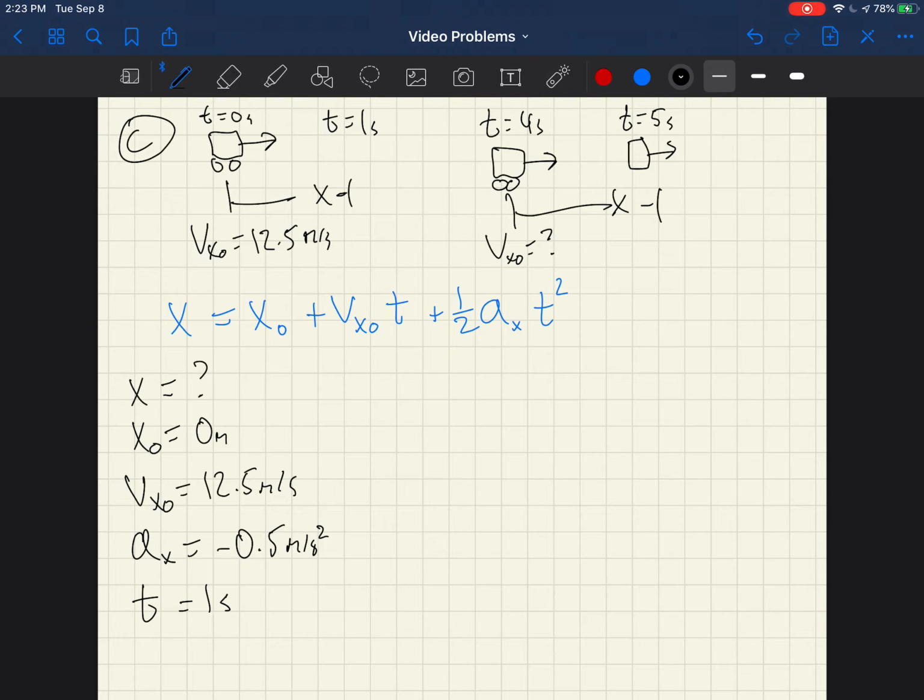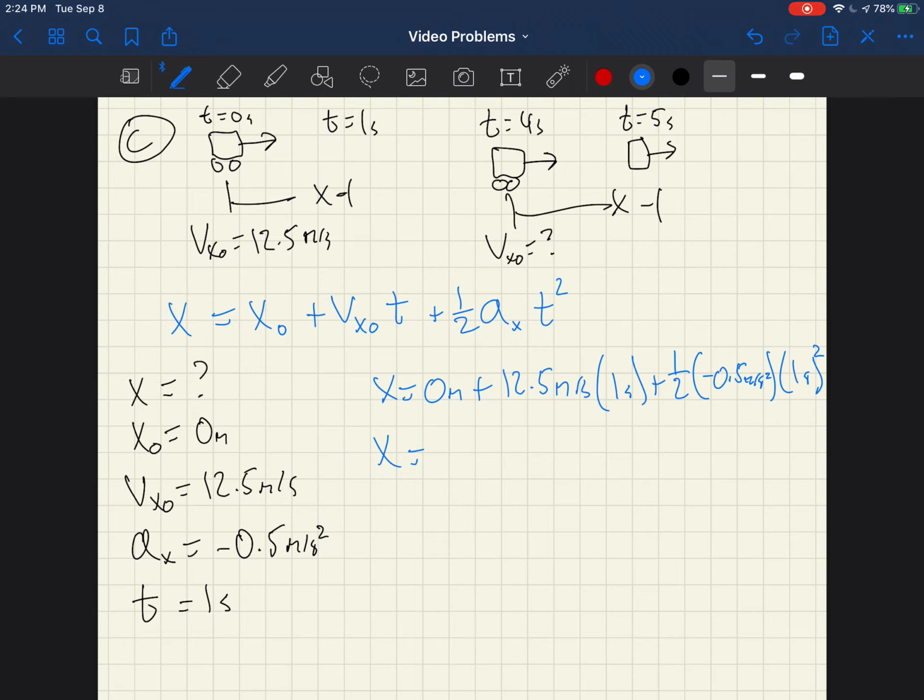My T's are looking funny, sorry. All right, so I'm just going to plug that in here. So x is equal to 0 meters plus 12.5 meters per second times 1 second plus 1/2 times negative 0.5 meters per second squared times 1 second squared. All right, so we just plug in our calculator.